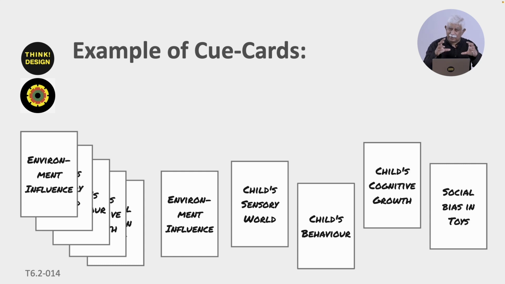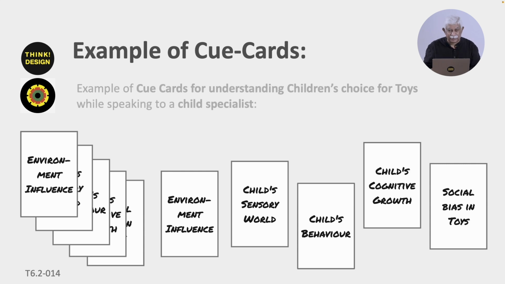So these are cue cards which are very useful, kept one below the other, and while you're talking to the expert, you can glance at them, so that you don't forget to ask these questions, because these questions are very important for your topic. It's a very simple, useful device, so that it helps you remember and not forget to ask these questions.